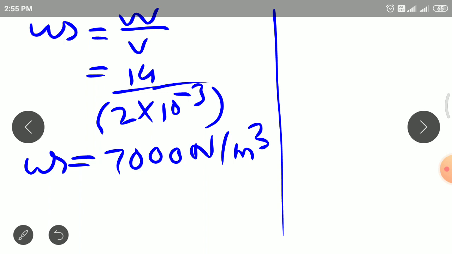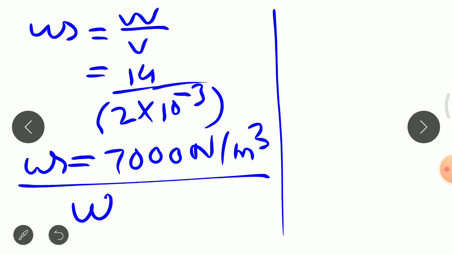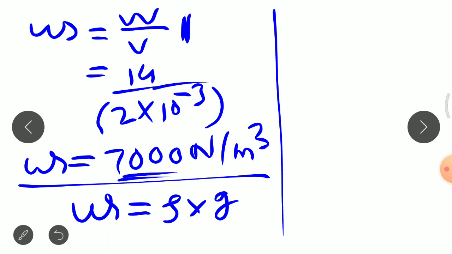Second one is density. We know that weight density or specific weight is equal to m upon v, and rho into g also. Now we have the value of small w, we know the value of g, that is 9.81.